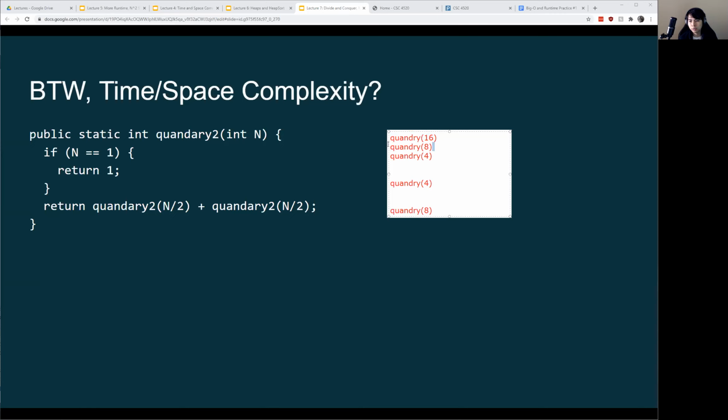In the first quandary of 8, since Java can't do 2 things at once, we just go into the first quandary of 8, on the left-hand side here. Then n is equal to 8, which is not equal to 1, so we make a recursive call on the left-hand side and one on the right-hand side. Now, in order to figure out quandary of 4, we have to make 2 calls to quandary of 2.